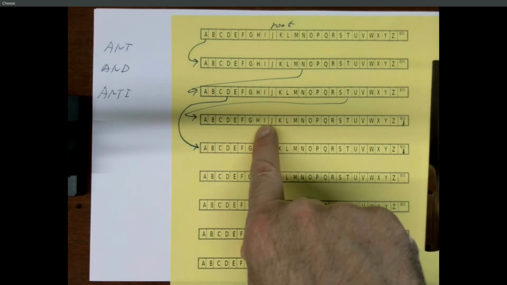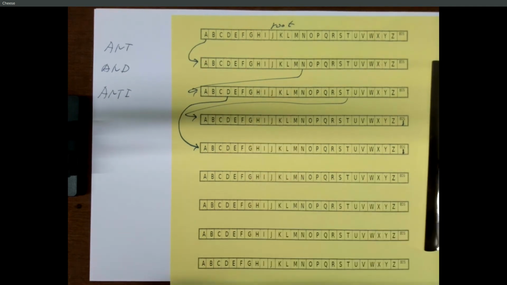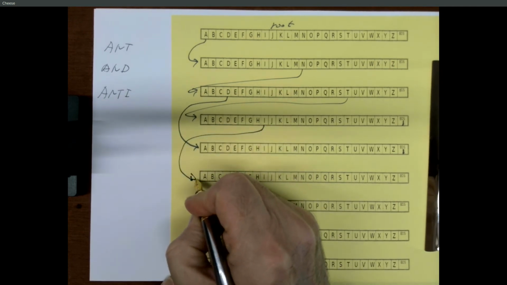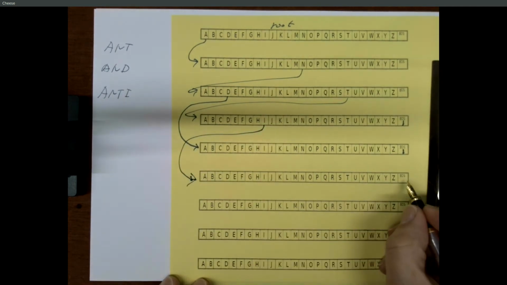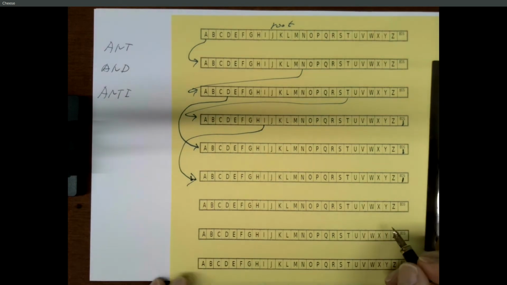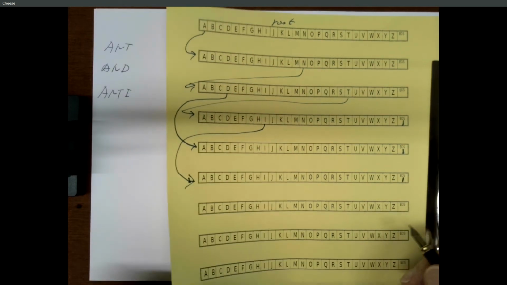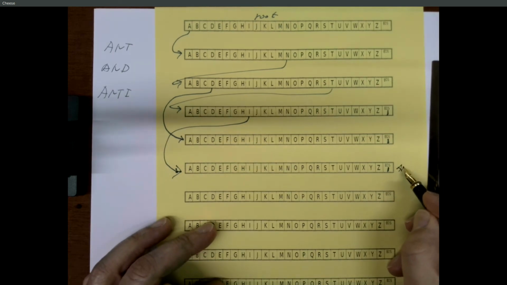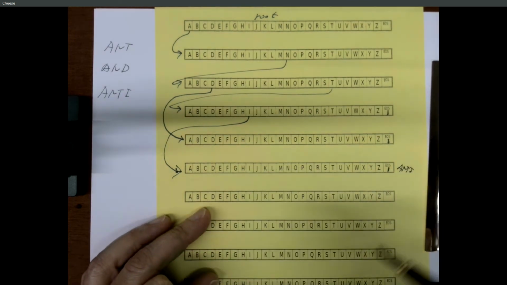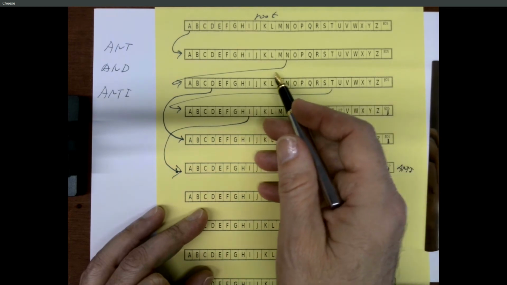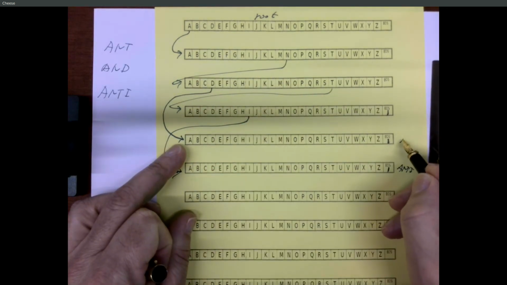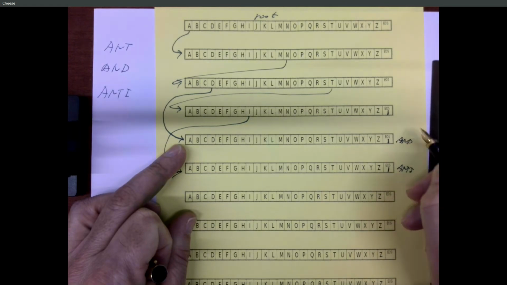I is null, so we'll make a new node and have I point to that new node. And then in there we'll set end of string. End of string is saying there's a word that ends right here, so this is actually ANTI. And I should have done this as we went. This was AND. And this was ANT.